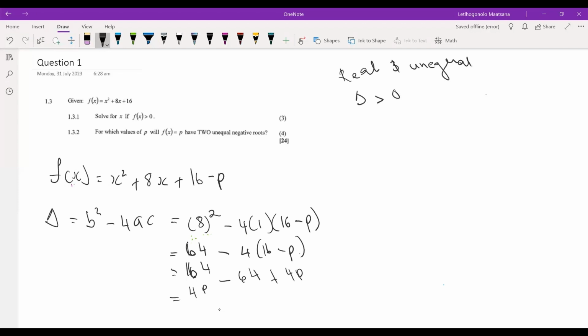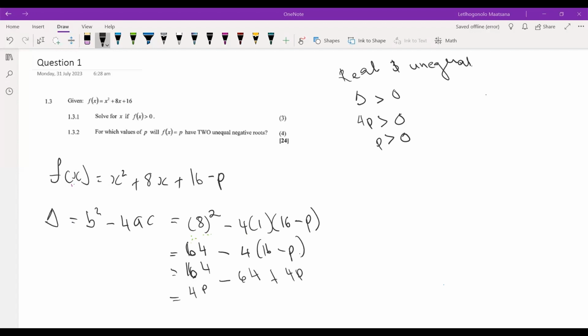So it just basically means that 4p needs to be greater than 0. So therefore we can say p needs to be greater than 0. We know that. Now we have to put in another construct to say, okay, we have it now as unequal and also real, but how do we get the roots to both be negative?